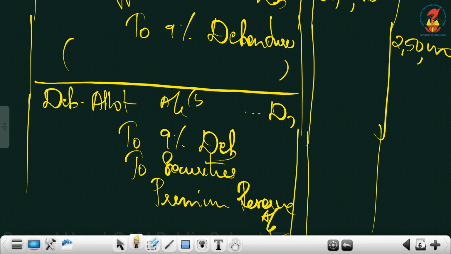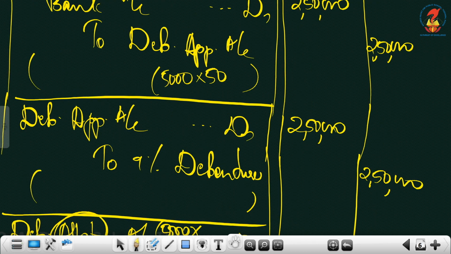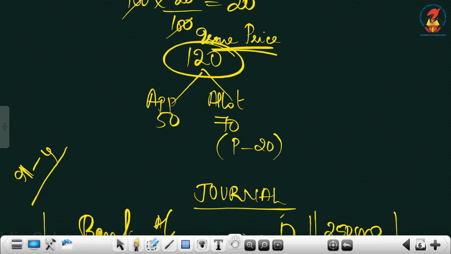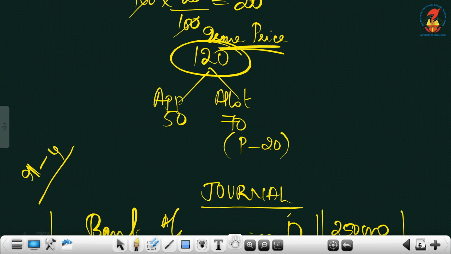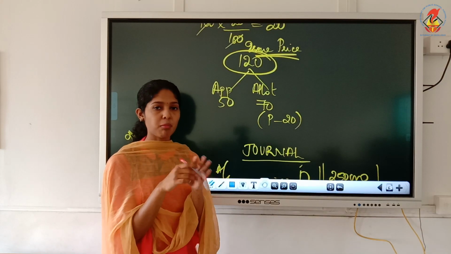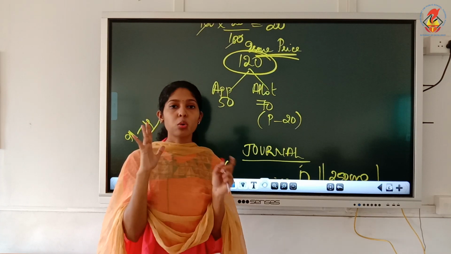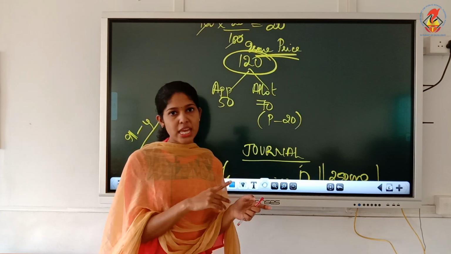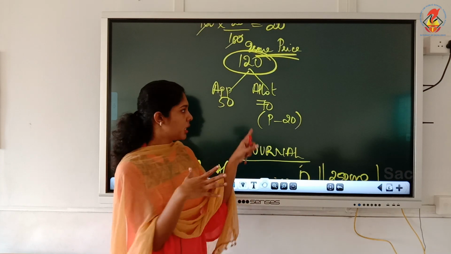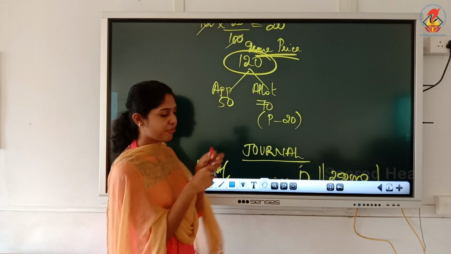You are issuing 5,000 debentures, and what is your allotment per share? Just see the split up that we wrote before. Allotment per share is 70. So what you have to do now is always take premium, you have to exclude premium. You have to think about premium only at the time of forfeiture. That is in the shares chapter. Here we don't have forfeiture. So you have to take this 70 for allotment.